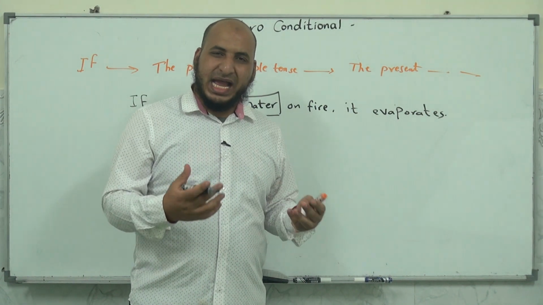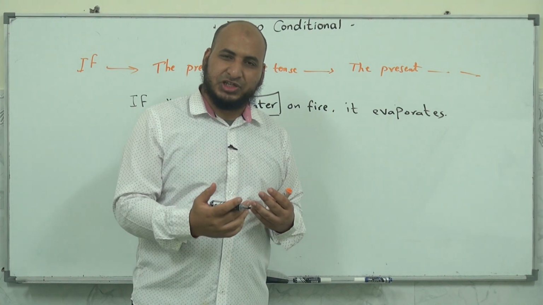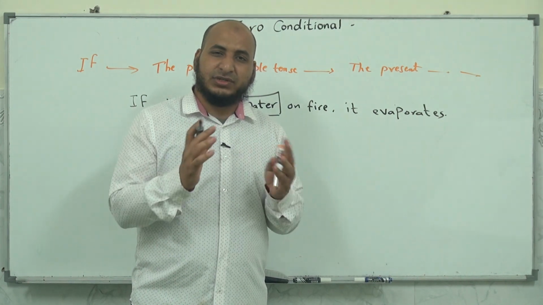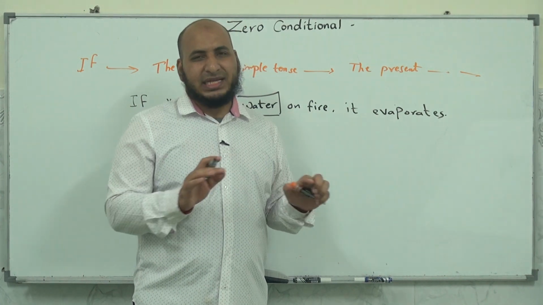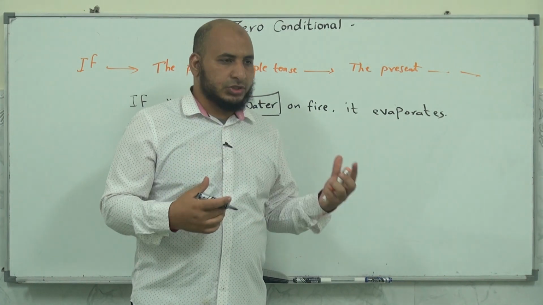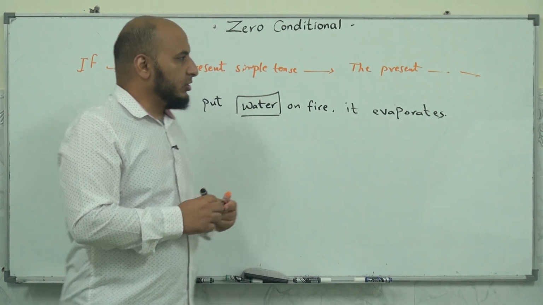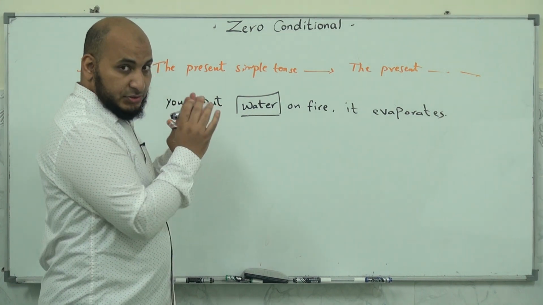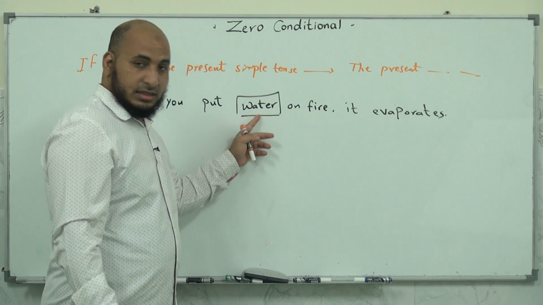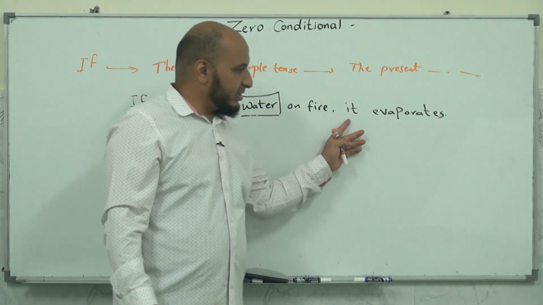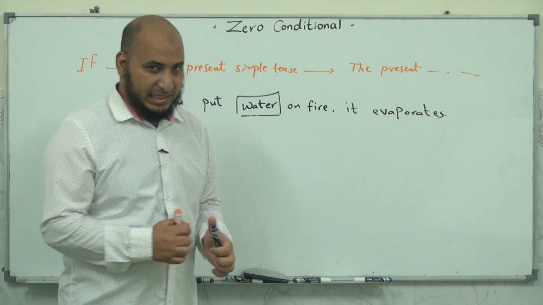So the facts, as we explained before, the facts and habits and transportation timetables, all of this you can use the present simple tense, and you can't use will or should or can or anything. But you will use the present simple tense. So it, water, it plus verb plus s or es or ies.